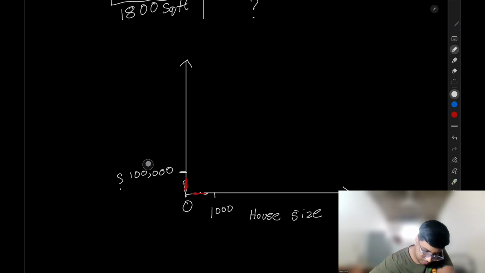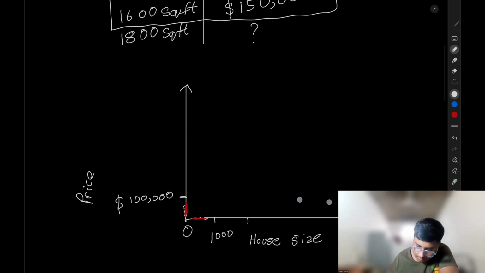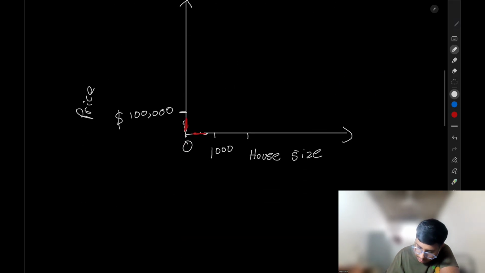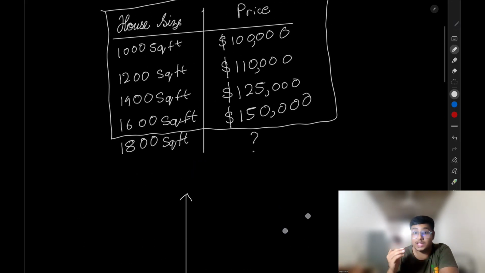Let's write the price here so that it will be easier for us to draw the graph. 1000, and next one is 1200, so we will write 1200, 1400, 1600, 1800. Just wait for a few minutes, everything will make sense.